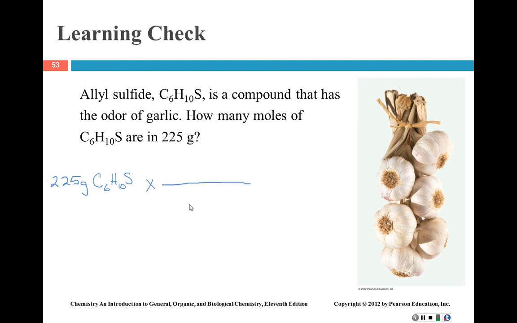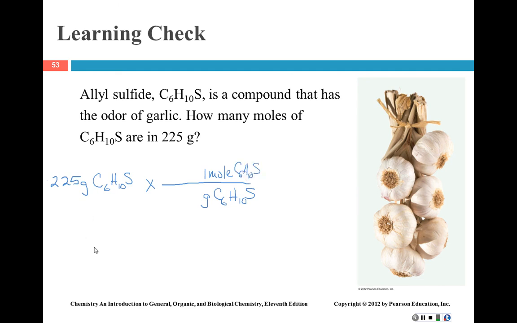Okay, so we know that grams of the allyl sulfide will go down here. Why? Because grams is up here, it has to be down here. Always follows. So that means 1 mole of C6H10S will be up here.